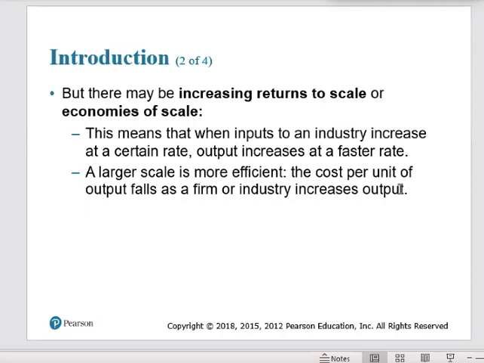But if you produce two breads, you have $2 of material cost plus $2,000, and it costs you $2,002. But you have two breads, so the average cost of bread is going to be $1,001. So it's cheaper, right? The more you produce, the lower the average cost is going to be. This is kind of what I'm trying to say here: the larger the scale, the cheaper it's going to be for each bread.